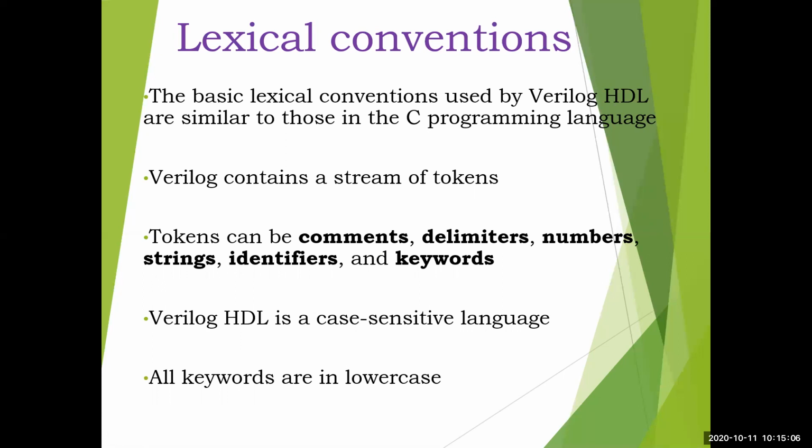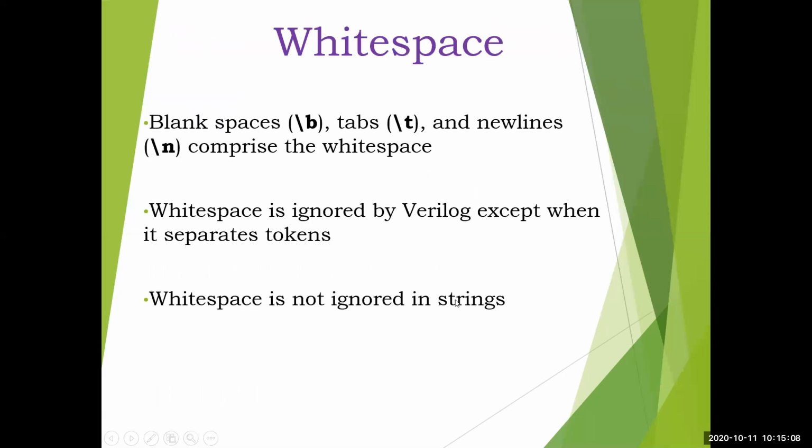Remember this. The first lexical convention is white space. For your ease, I have bolded the important things in the slides; these are the things you need to remember. The blank space, \b, tab, \t, and newline, \n, comprise the white space. Any language will have this. Normally in a C program you have written \n. In the same way \b and \t are also there in Verilog HDL, which is similar to the C language.